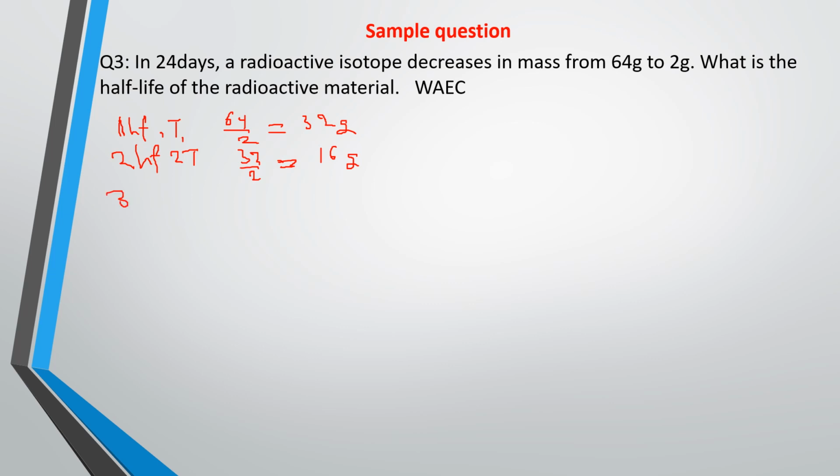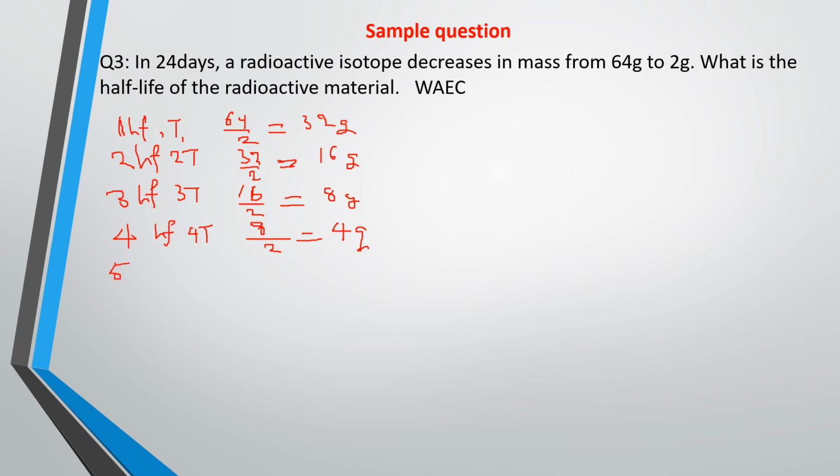At 3 half-lives, it will decay from 16 to 16 over 2, which is 8 grams. At 4 half-lives, it will decay from 8 to 8 over 2, which is 4 grams.